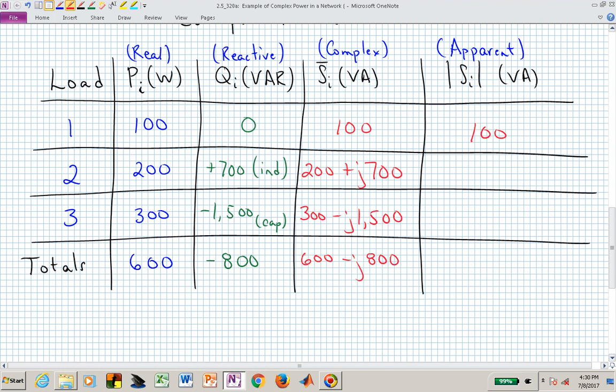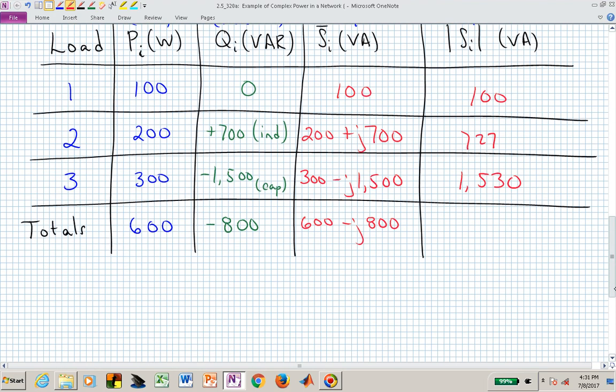Load 2 has a horizontal leg of 200 and a vertical leg of 700, and the hypotenuse is the square root of the sum of the squares, giving us 727. For load 3, we have 300 horizontal and 1500 down, and we end up with 1,530 for the apparent power, or the length of the hypotenuse.